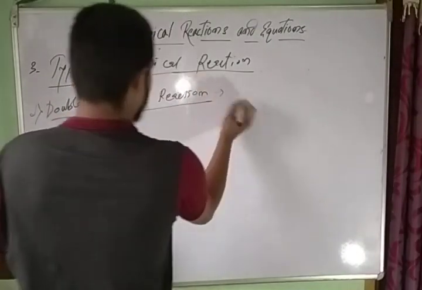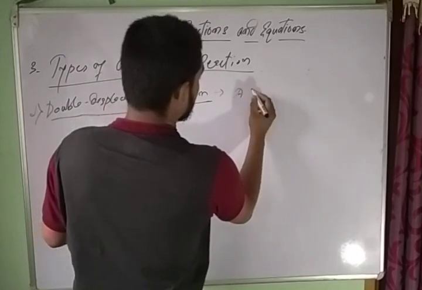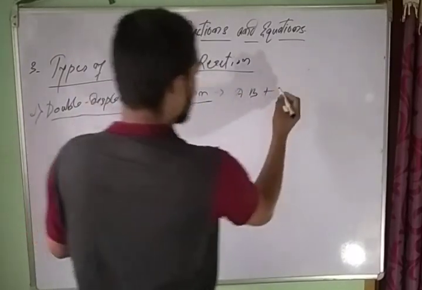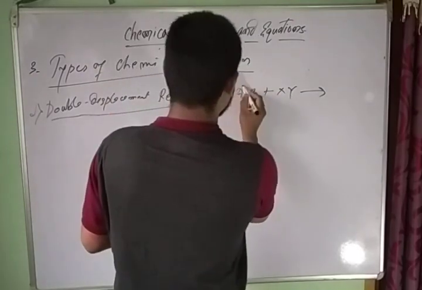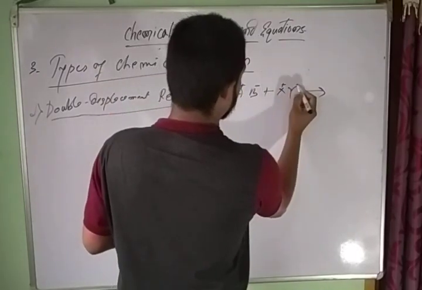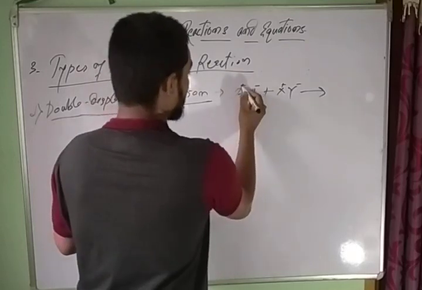So double displacement reaction: AB plus XY. Suppose this is positive, this is negative, this is positive, this is negative. So exchange of ions takes place.